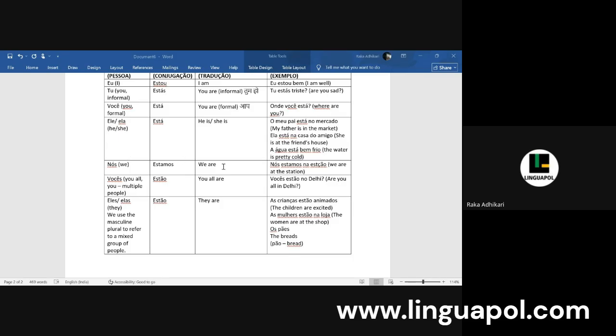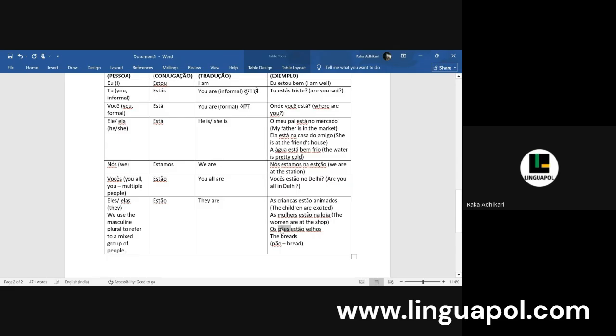For example, os pães, the breads are stale. सड़ गया है. So os pães estão velhos. Os pães estão velhos. The breads are rotten or they're stale.